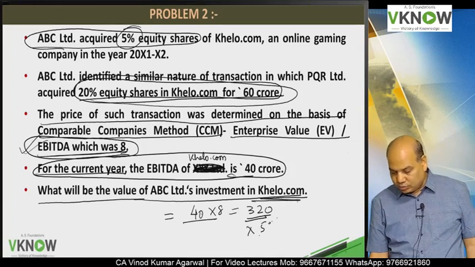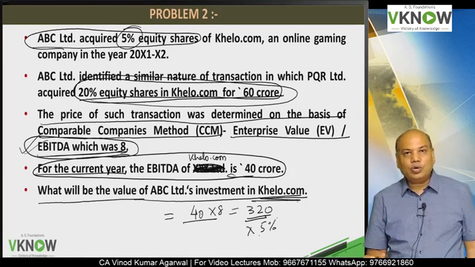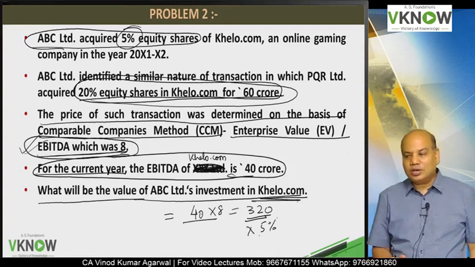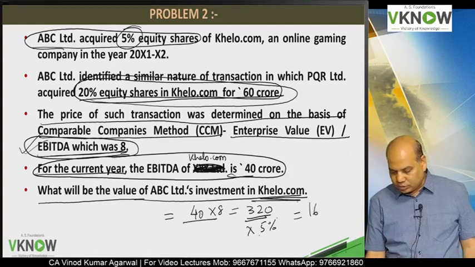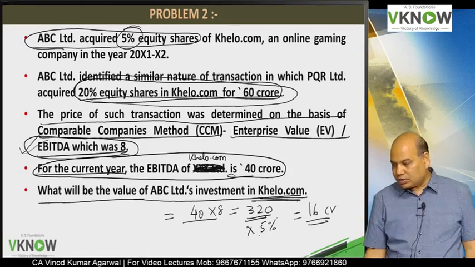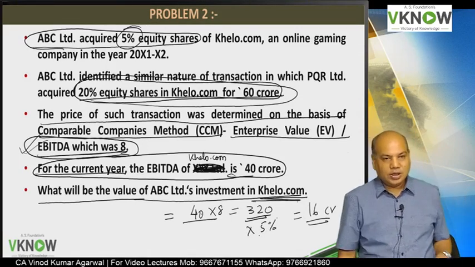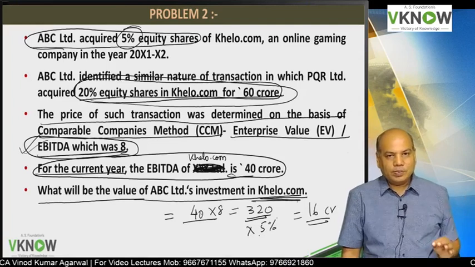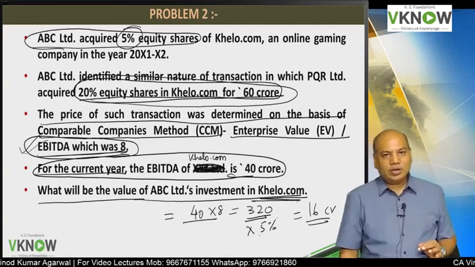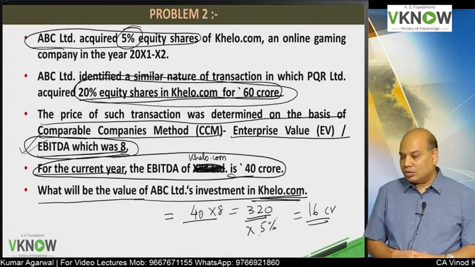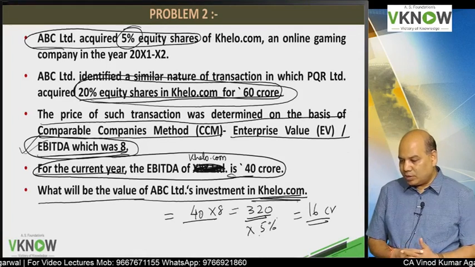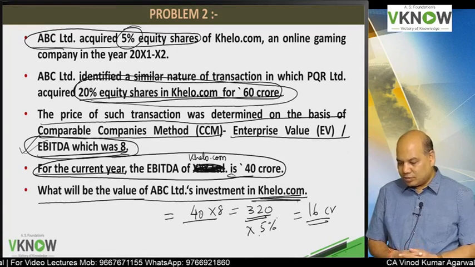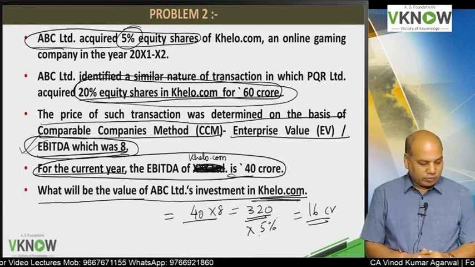They want to know the value of their 5% share in Khelo.com. So the answer is 16 crore. This 5% stake will be valued at today's enterprise value to EBITDA ratio of 8. It comes to finally 16 crore.